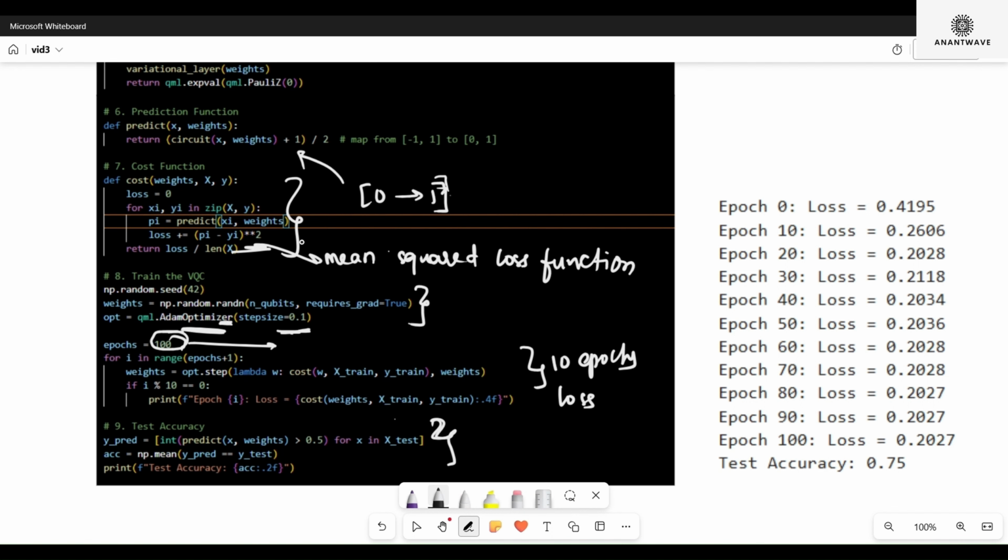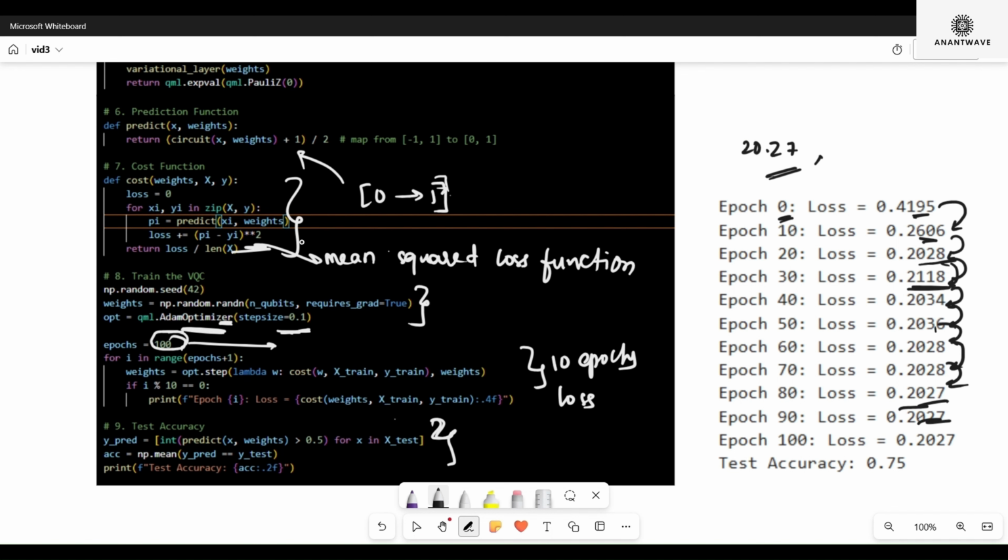Let's see. At epoch 0, I have a loss of 41.95. And then the Adam optimizer will optimize and the loss will be 26. Further it will be 20. And then if you see in this step, we have 21, where the loss has increased. So it will try to backtrack again until the loss is the same, and then again we'll get a loss of 20.27, which will be constant for several steps.